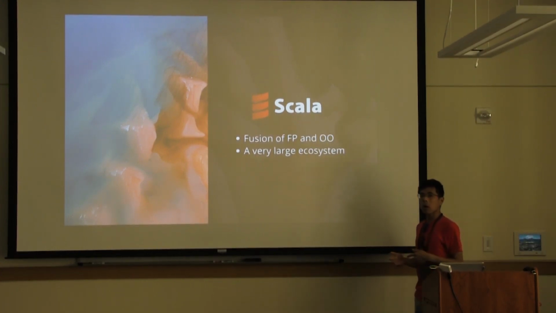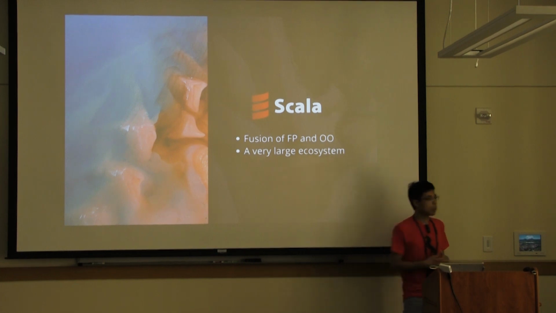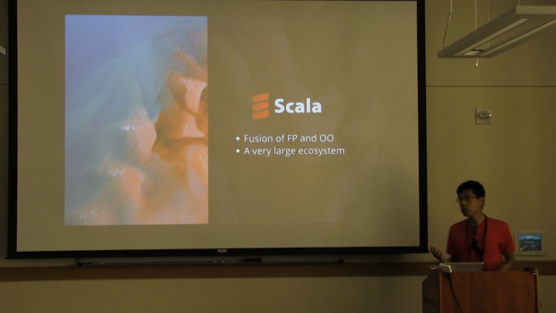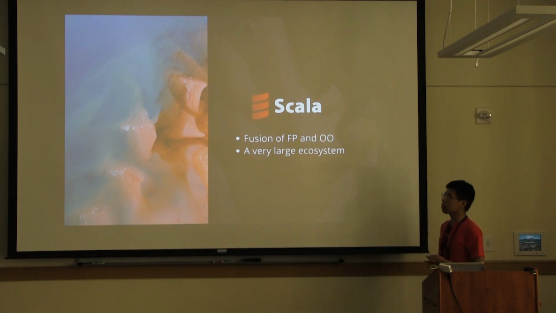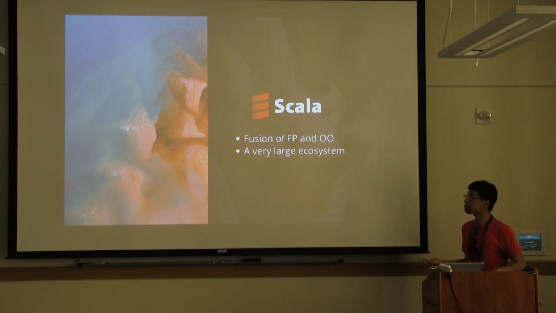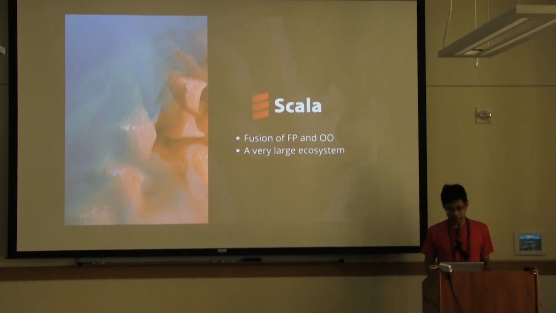I think most of you already know Cats and Scalaz, but there's also an ever-increasing number of tools that are pure. For example, if you want to build a web service, today you have http4s. If you want to do JSON serializing, today you have Circe. And if you want to do stream processing, you have FS2.